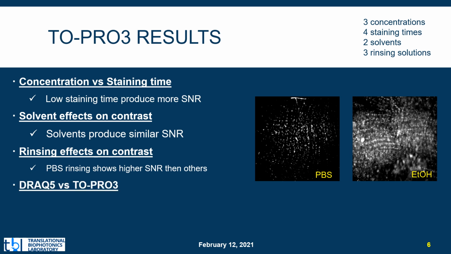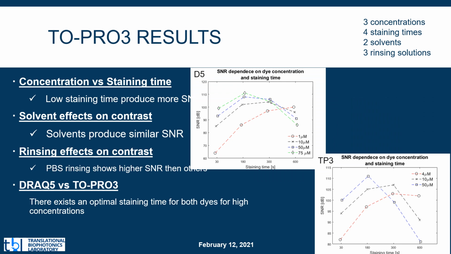Finally, we can compare DRAQ5 and TO-PRO-3. Their peak SNR are similar. They are reached in both cases at similar staining time and dye concentration. One of the main differences is that DRAQ5 is a more specific dye for nucleic acids than TO-PRO-3, and because of that we can see increased background on TO-PRO-3 images, as in the ethanol rinsed TO-PRO-3 images.